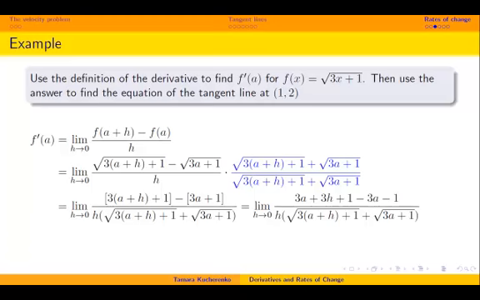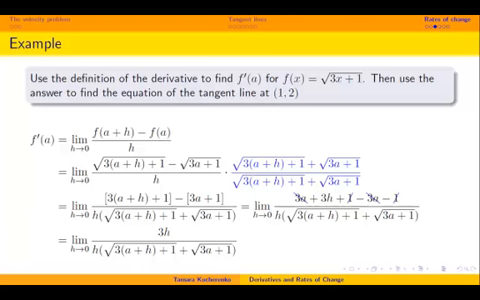We get 3a plus 3h plus 1 minus 3a minus 1 on top, and the bottom stays the same. 3a and negative 3a annihilate each other, and so do 1 and negative 1. 3h is the only term left in the numerator.